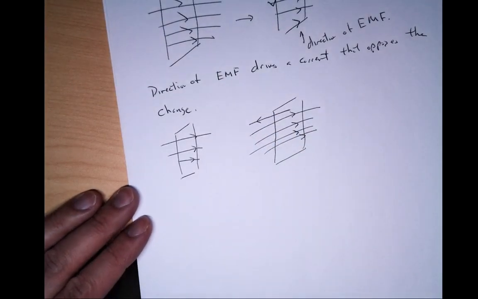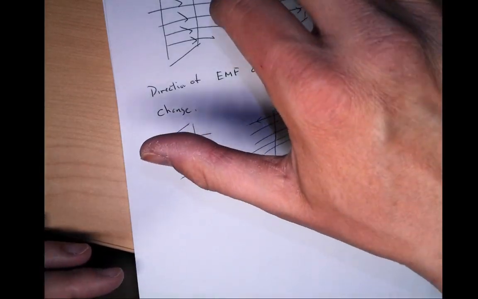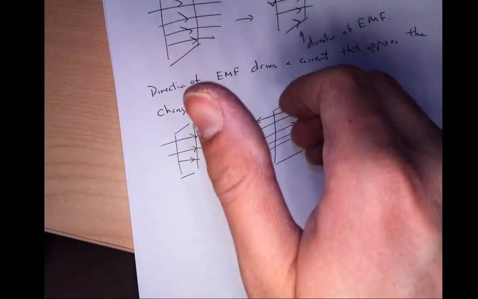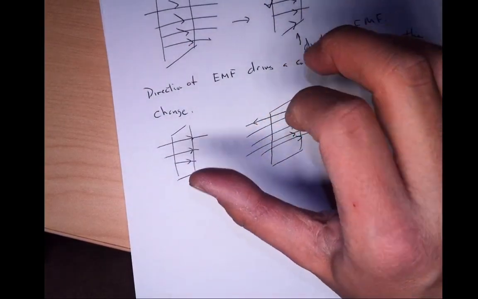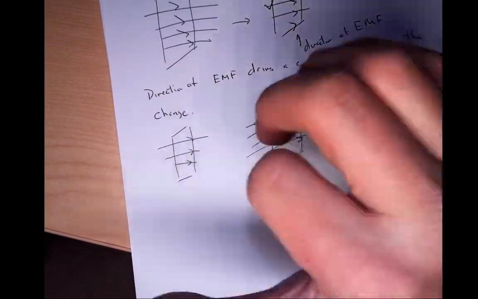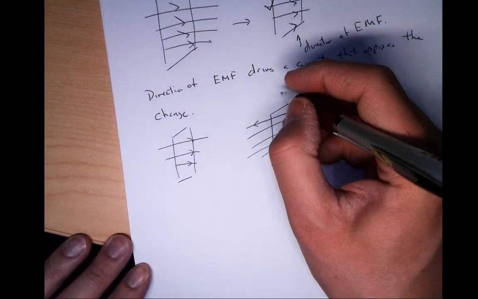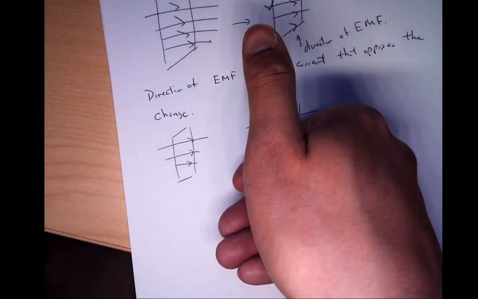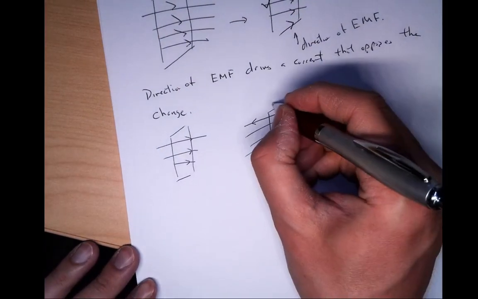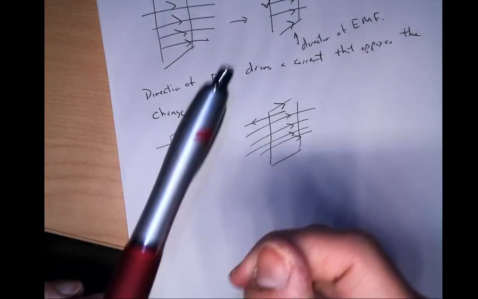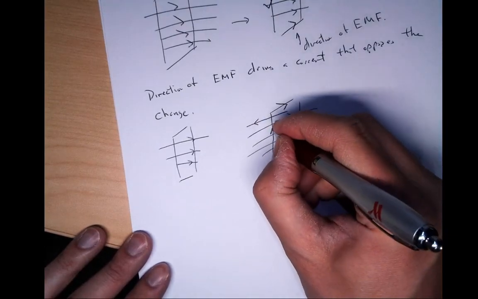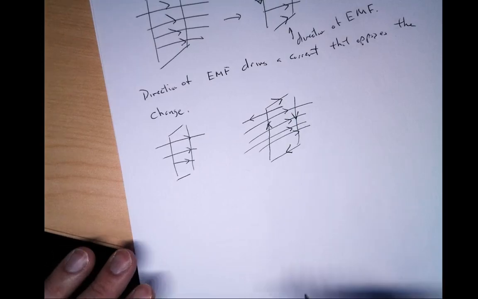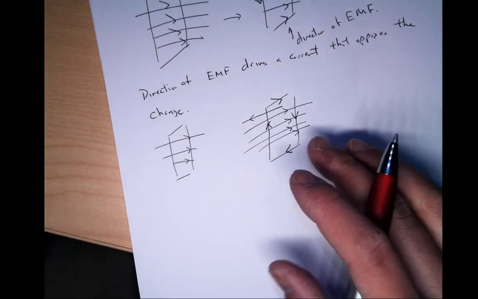To do that, we can use the right hand rule again. So that points back that way. This points into the page. That points away, that points away. I need it to go that way: 1, 2, 3, and 4. So that's basically a positive change in this case.